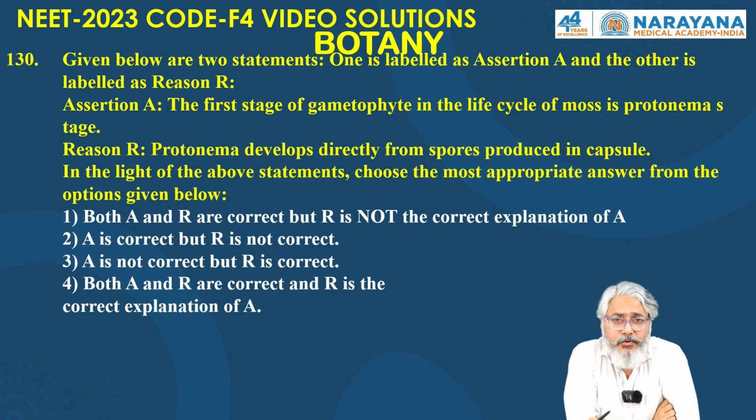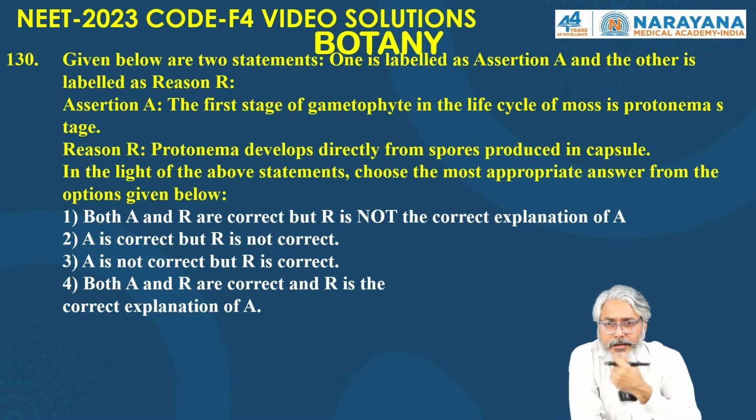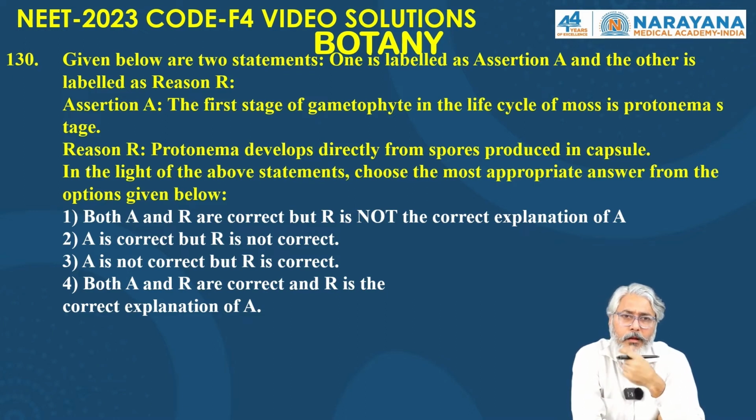The first stage of gametophyte in the life cycle of moss is protonema. Before the leafy gametophyte, the gametophytic stage appears, that is protonema. This is true. In the reason statement, protonema develops directly from spore dispersal, spore produced in capsule. So they are saying capsule, they are saying spore, every correct thing they are saying.